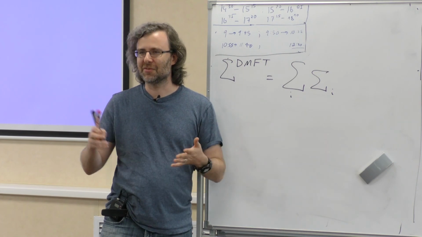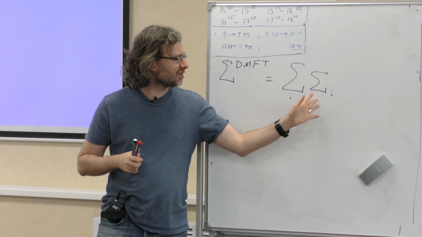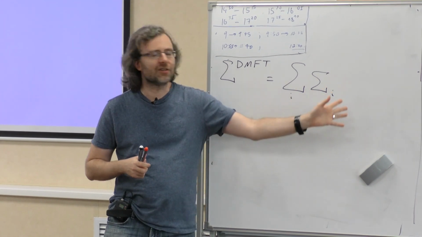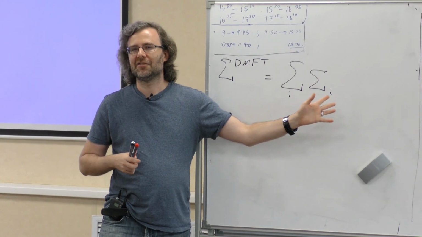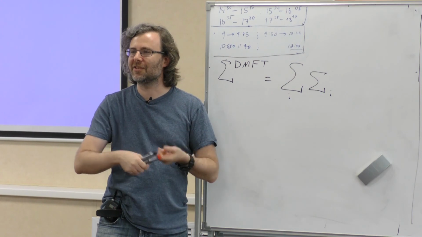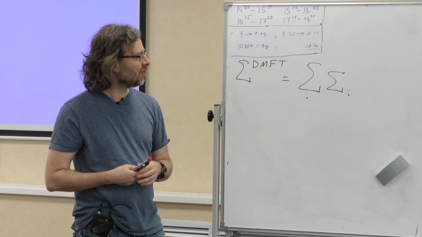So DMFT is exact at infinite dimensions. At finite dimensions, it's an approximation. And we can correct that by adding non-local corrections to the self-energy, for instance, adding self-energies for nearest neighbors or next nearest neighbors, or for clusters and all these things.